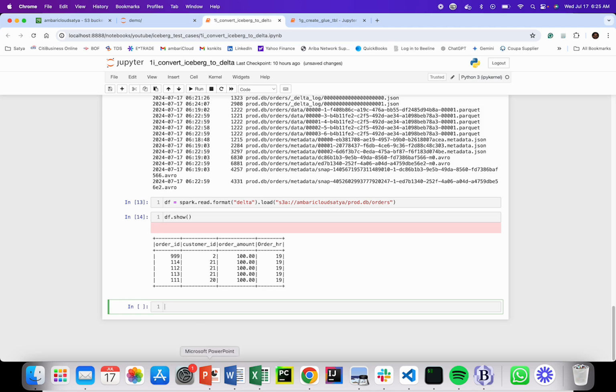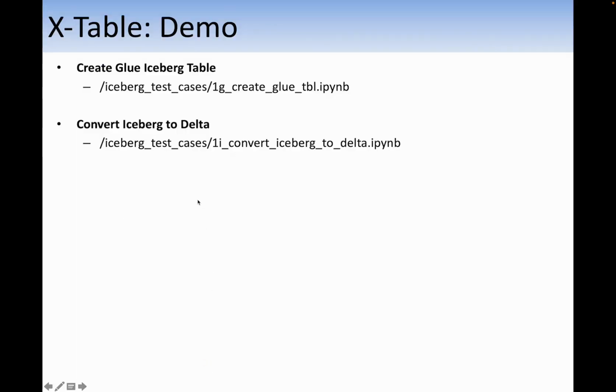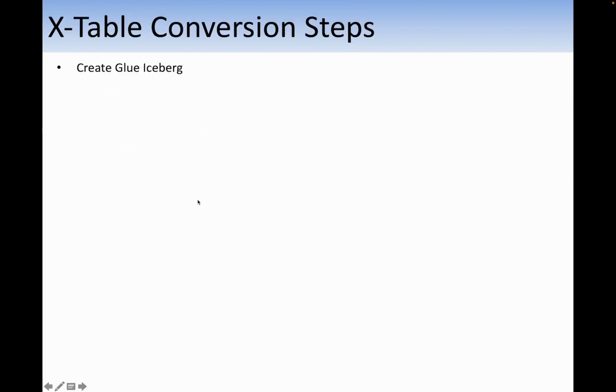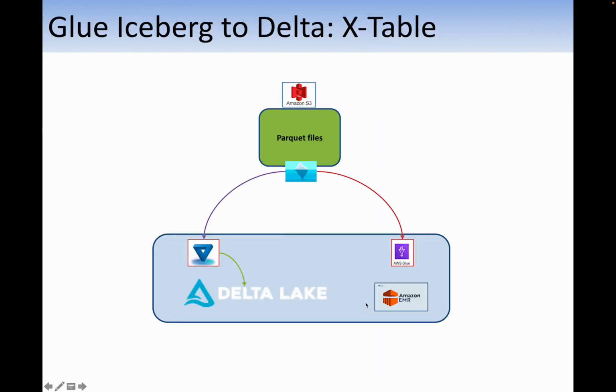So let's go back to the architecture one more time. Your engine, EMR or Spark, or any other, is managing your Iceberg table through the Glue catalog, updates, inserts or deletes are done, then the Iceberg table is converted by XTable into Delta, read only.